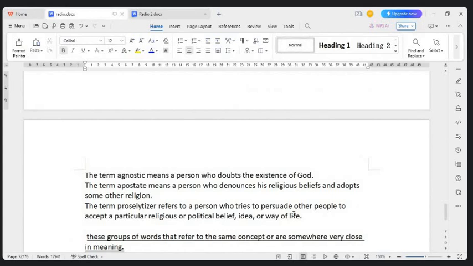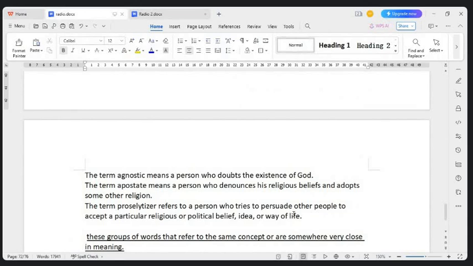Now, apostate. The term apostate means a person who denounces his religious beliefs and adopts some other religion altogether. The proselytizer refers to a person who tries to persuade other people to a particular religion, political belief, idea, or way of life.